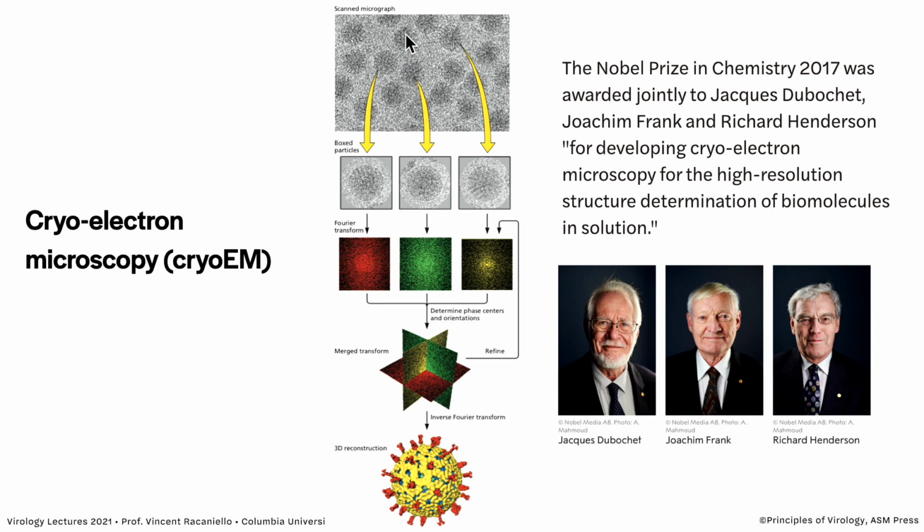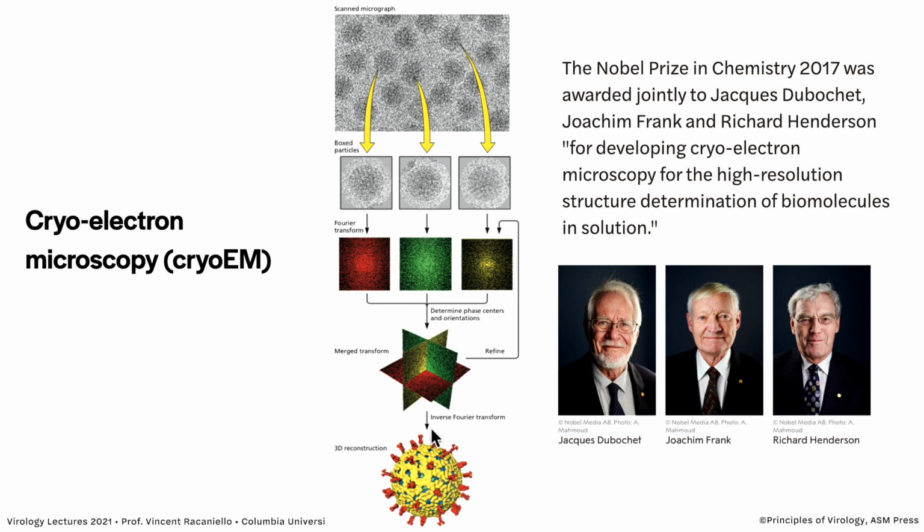Now, what you do is you put your particles in water, you freeze it, and then you take pictures of the particles. And the idea is that every particle is oriented in a different 3-dimensional space. It's kind of like doing a CAT scan, right, where the X-ray machine goes around the patient, and then you assemble all the views to get a 3-dimensional structure of the patient. Here we take pictures, maybe hundreds and hundreds of pictures, and then you use a computer to analyze all of them and do Fourier transforms to transform the pictures into data, and then you reverse it or do an inverse Fourier to get the 3D reconstruction.